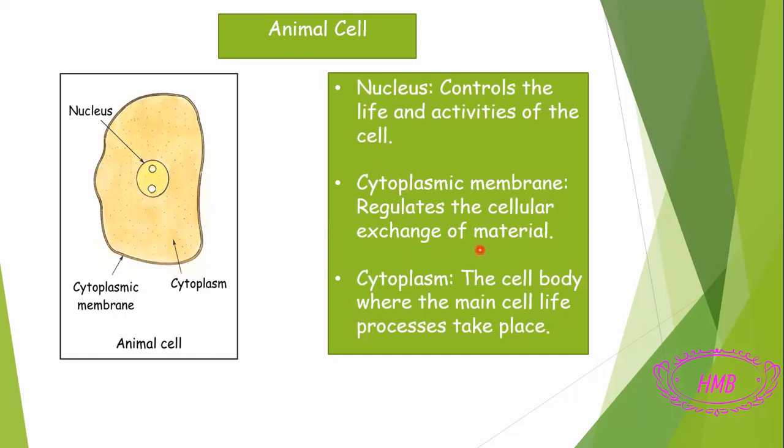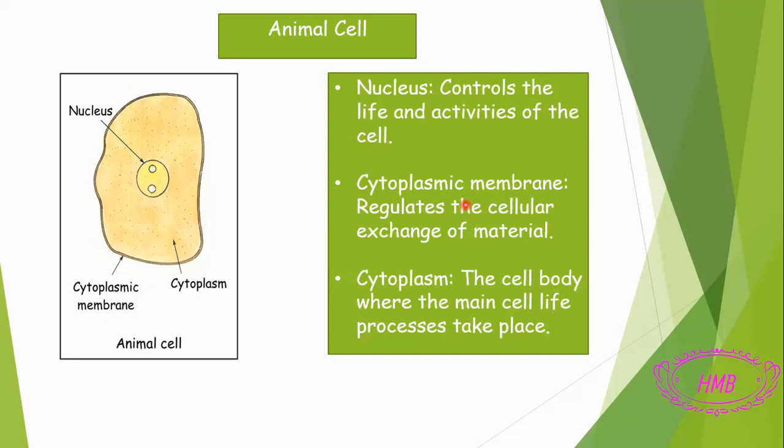So when the oxygen enters the cell through the door, which is called cytoplasmic membrane, the cell is going to use this oxygen. At the end of using the oxygen, I will have a product that is called carbon dioxide. Just like when we breathe, we take in the oxygen and breathe out the carbon dioxide, it is the same for the cell. Carbon dioxide must go outside the cell, because if it remains inside, the cell will not work properly.